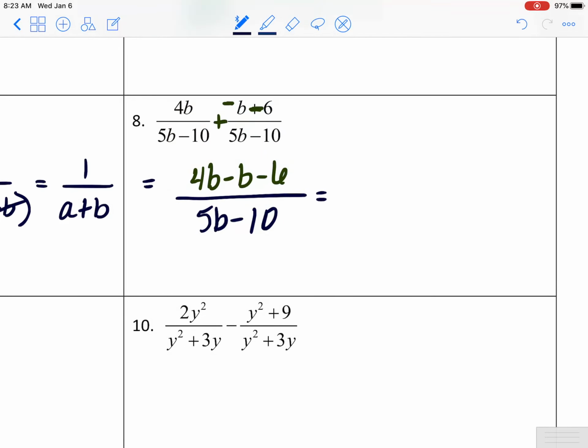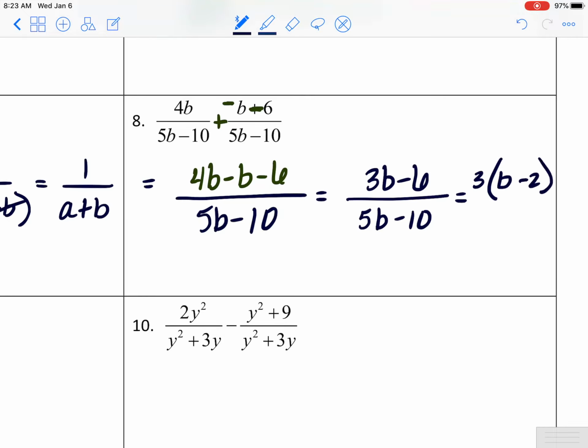So that means on the top I have 3b minus 6 over 5b minus 10. I know I can factor these. So if I factor out a 3, I'm left with b minus 2. If I factor out a 5, I'm left with b minus 2. And I can cancel that top and bottom. So my final answer would be 3/5.